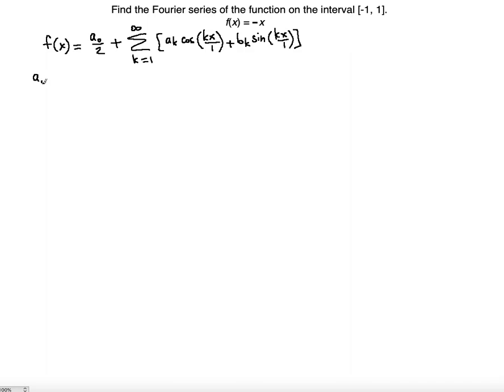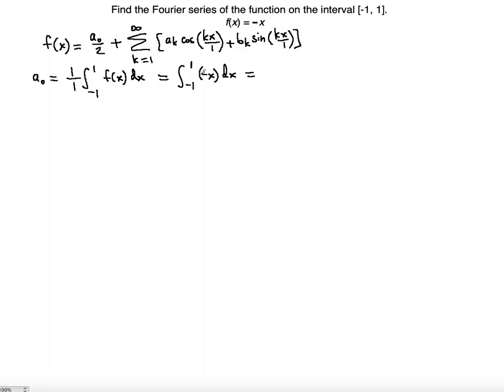Okay, so we know that a subscript 0, this part here, is equal to 1 divided by half of this period, which is 1, so 1 over 1 integral from -1 to 1, because we're taking the entire interval, of the function of x dx. In this case, the function is negative x, and 1 over 1 is 1, so we don't have to write it down. That's going to be the integral of negative x dx.